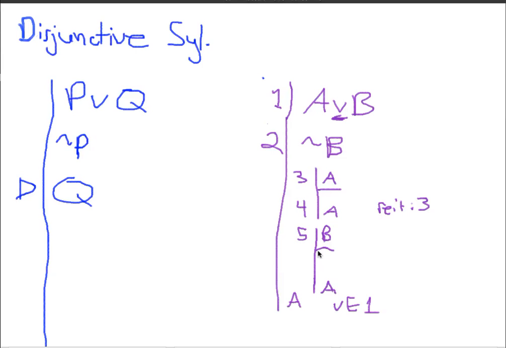Given that we don't really have any other options left, a good strategy is to use negation elimination. So we'll do another subderivation where we'll assume not A, for the purposes of negation elimination.